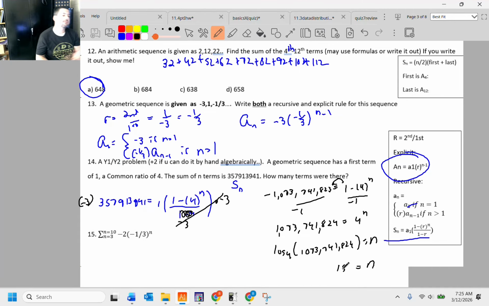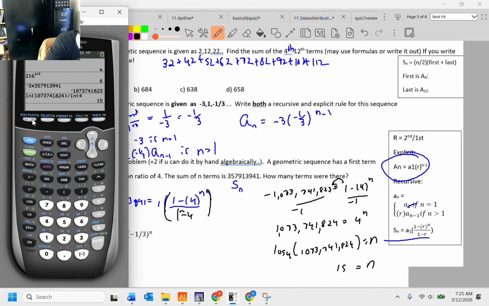All right, now here's how you do it with y1, y2. You go back to what it was originally, and you don't have to do any algebra at all. You just have to type this in your TI-84. Put that 357 million and some change in y1.